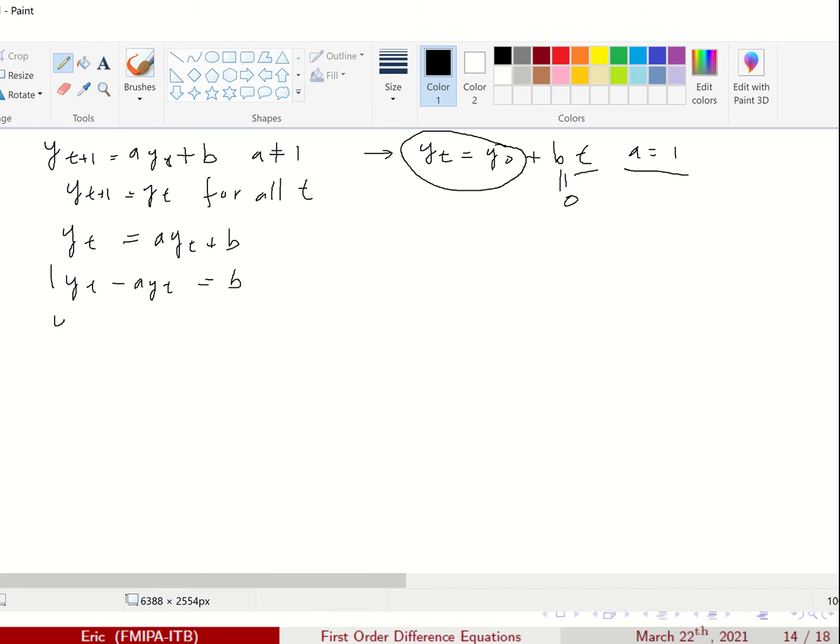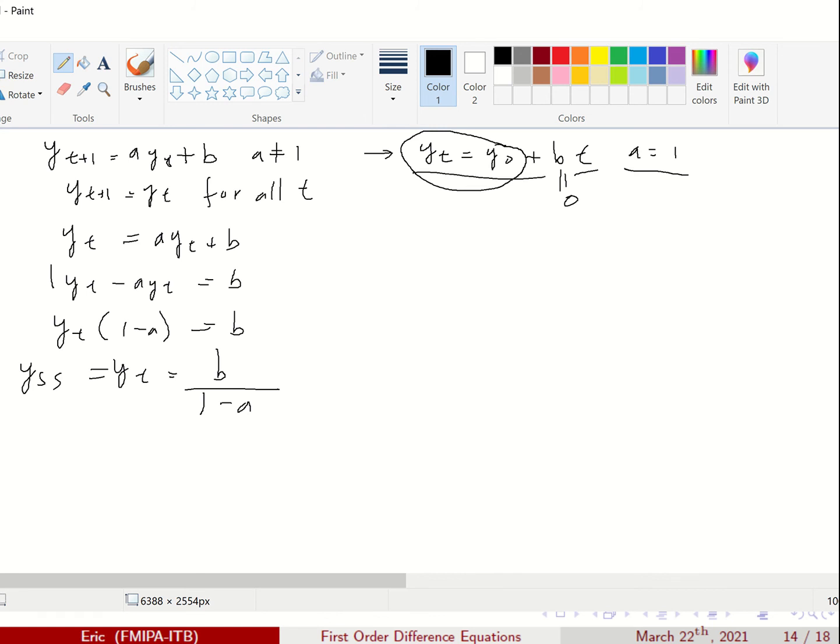You can factor out yt, so you have yt times (1 minus a) equals b. So you have yt equals b divided by 1 minus a. This is what we usually call the steady state solution, for all a not equal to 1. When a is 1 and b is 0, the steady state solution is yt equals y0.